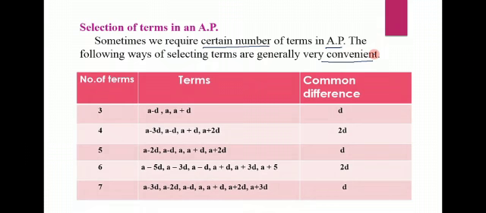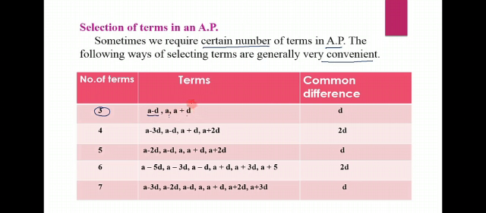Suppose you want to select three terms, then those three terms should be taken as a minus d, a and a plus d. That means the first term is a minus d, the second term is a and the third term is a plus d. Why do we select them like this?